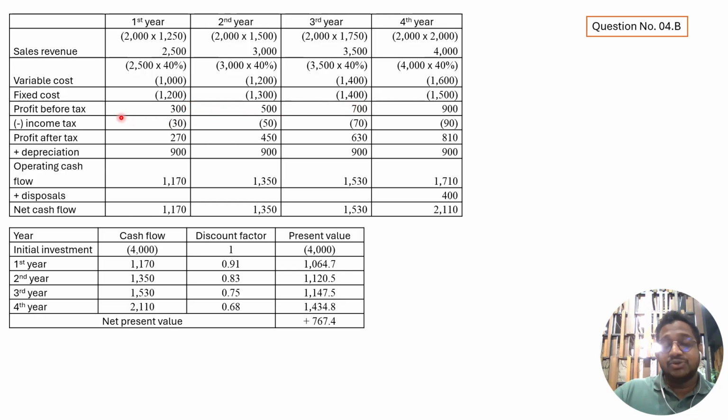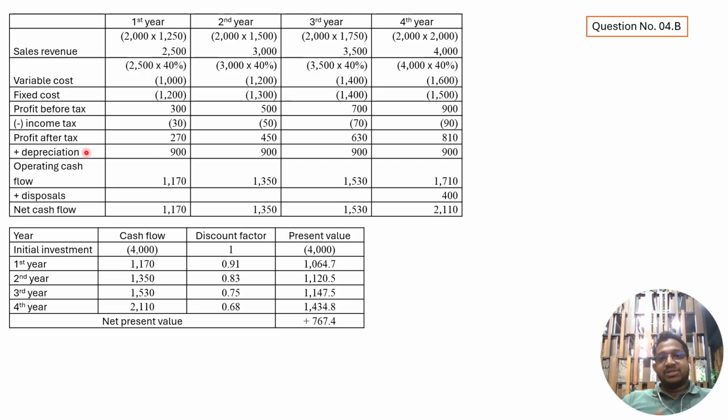And here you should consider depreciation as well, because at the first place you are finding out the profit before tax to find out the tax, right? And then you can find the profit before tax, and from that you have to exclude the income tax. Then you are getting the profit after tax, and the difference between profit after tax and the cash flow. So if you convert profit after tax to the cash flow, you have to add the depreciation, because depreciation is an expense.